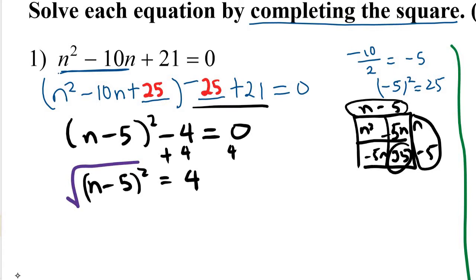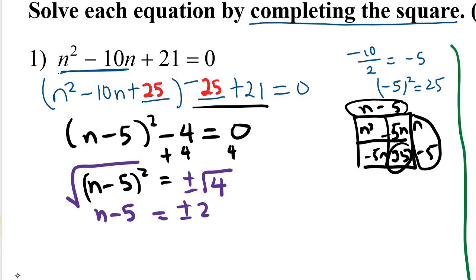We have to use plus minus because two answers are always possible. So now the square and the square root are inverses. They're going to cancel. So we're going to have n minus 5 equals plus minus 2.